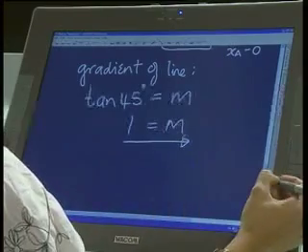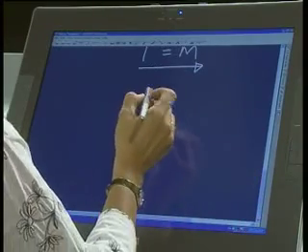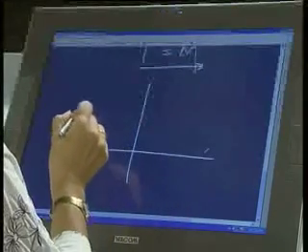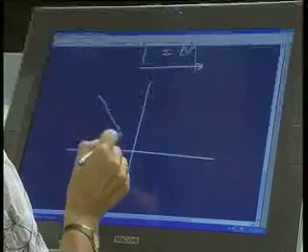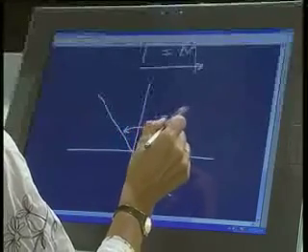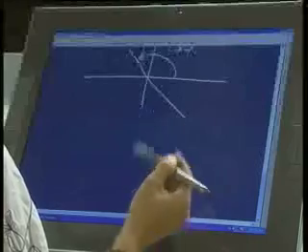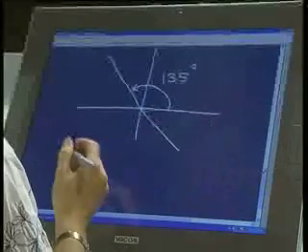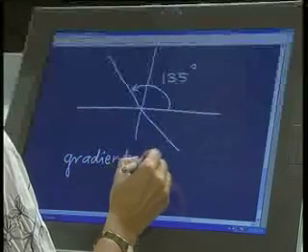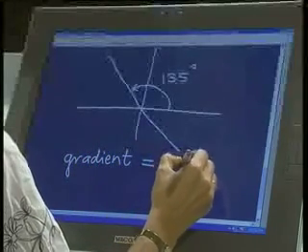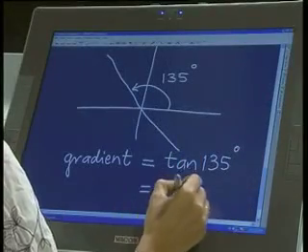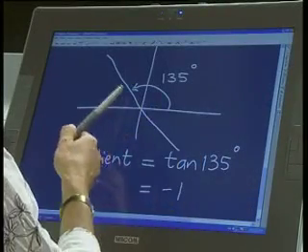Now I want to take that a little further. If you have a line that makes an angle of 135 degrees, then the gradient of that line is equal to the tan of the angle, and tan 135 is -1. So the gradient of this line will be -1.